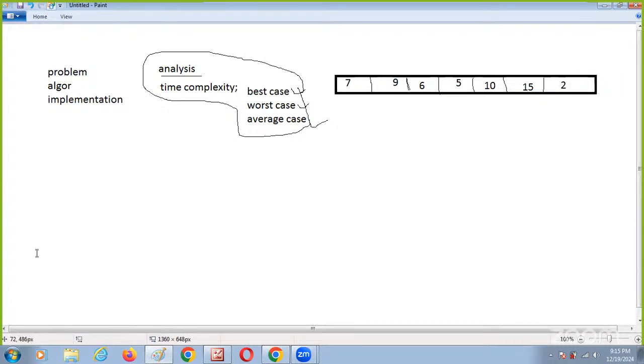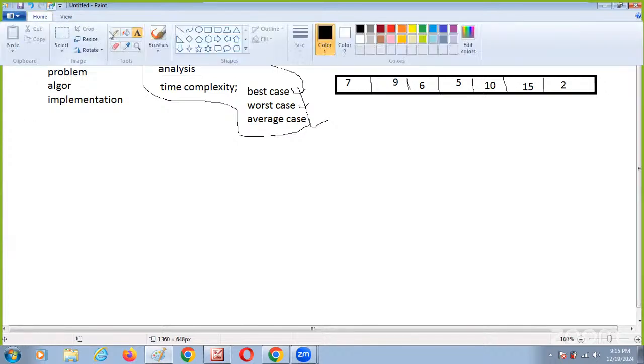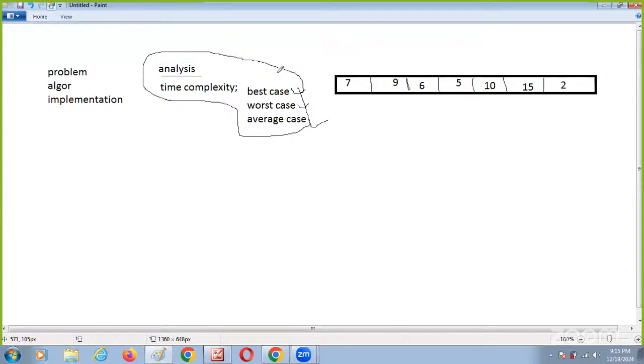So we have a set of elements. How many elements are there? It is a list of elements: 1, 2, 3, 4, 5, 6, 7. There are 7 elements.